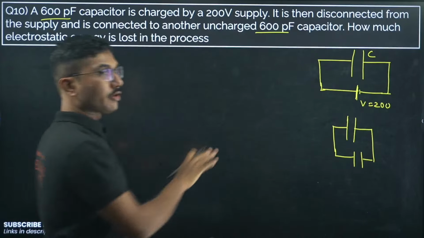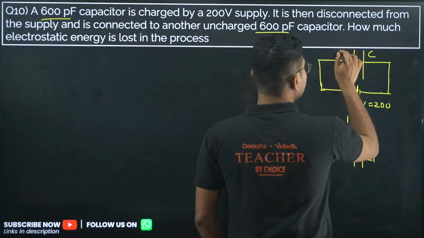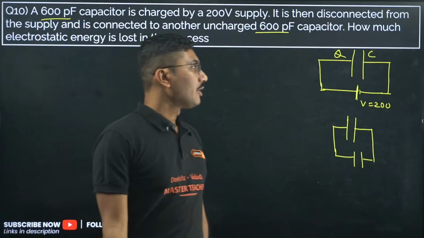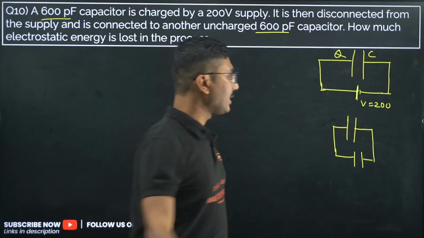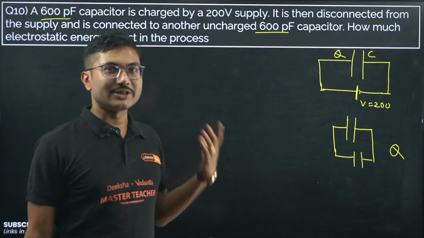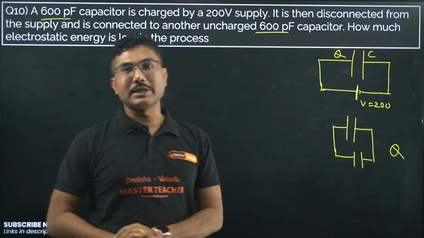So first, this is the process of what is happening. We have to calculate the charge stored. Once you have charged the capacitor to this maximum 200 volt, the charge stored will be constant in this case as well. The total charge in an isolated system is constant. The conservation of charge principle is applicable over here.